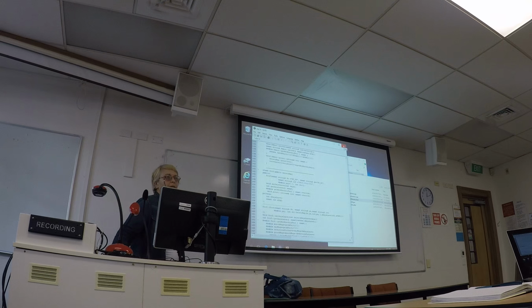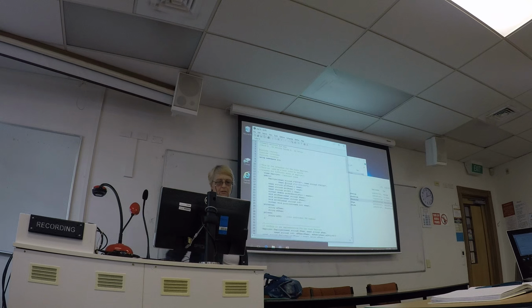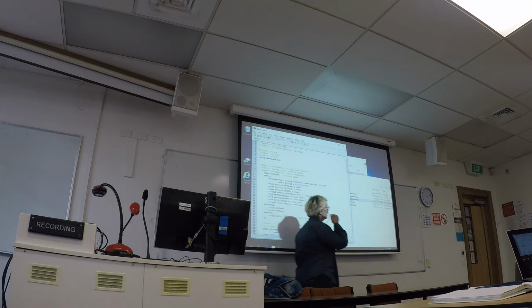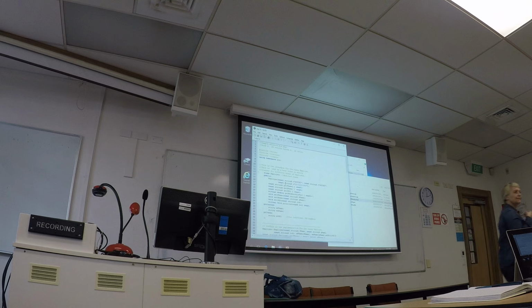Yes? Destructors? We had to write a destructor for the employee class? In the assignment, we had to write a destructor for basically the employee class. I see.